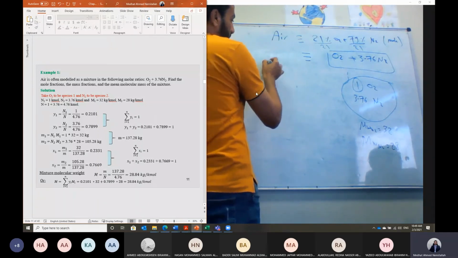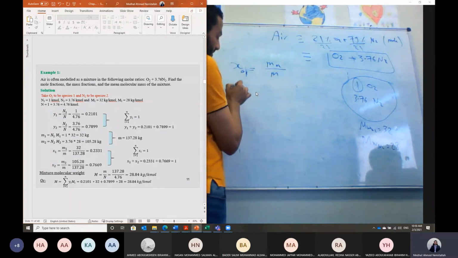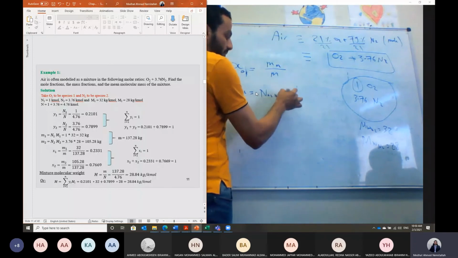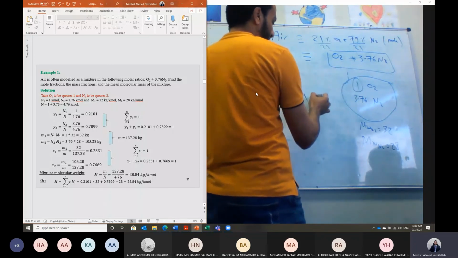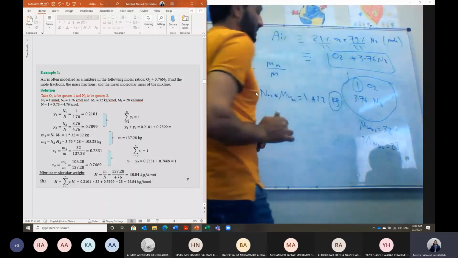That should equal the mass of O2 divided by the total mass. The mass of O2 is equal to the number of moles of O2 multiplied by the molecular weight of O2. The number of moles is 1 multiplied by 32. That should be the mass of O2 in kilograms.